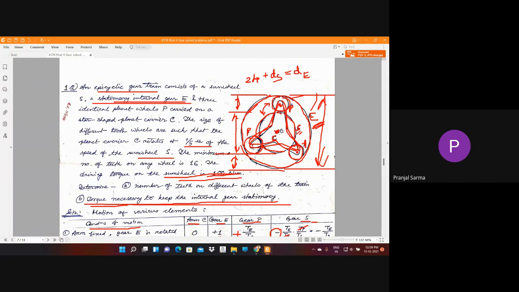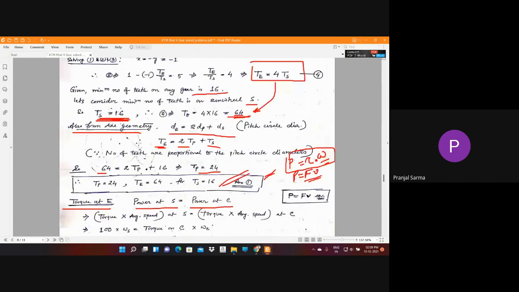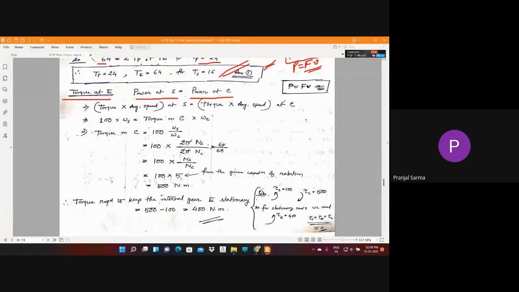So whatever power is available here at the sun wheel S gets directly translated to this carrier C, so we can equate. Using P equal to tau into omega, torque into angular speed at S equals torque into angular speed at C. The driving torque at S is given as 100 into omega S, where omega is angular velocity and S is the location, which is equal to torque on C into omega C.